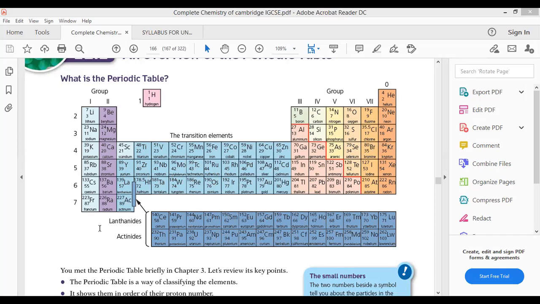So how do we adjust all these elements? We call them blocks, like your classes in a building: grade 10 here, grade 11 here, grade 12 in this building.